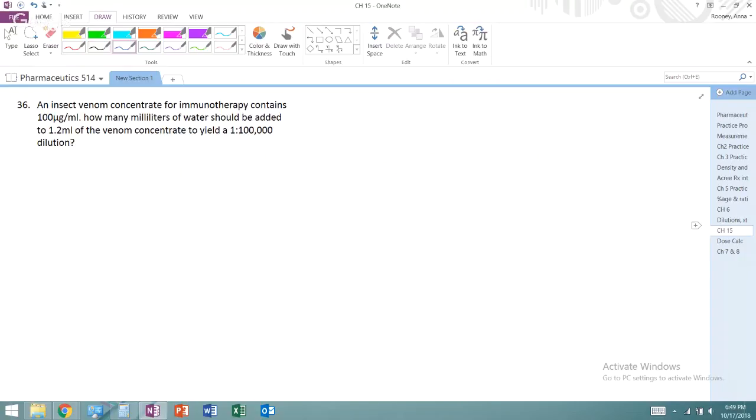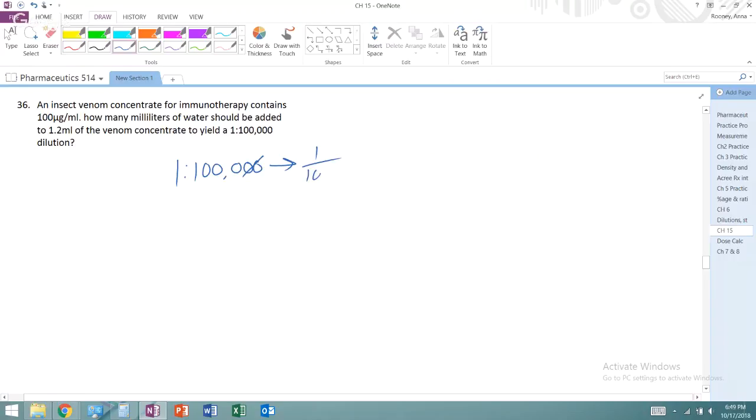Well, for those of you not knowing, insect venoms and different kinds of venoms are very useful in the pharmacy world. But back to the problem at hand. So we need to change this to its percentage, because I like percents. Well, and it would make more sense.